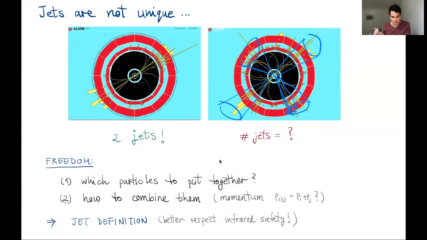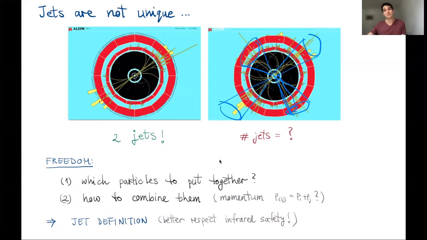And there are basically 2 underlying freedoms that you have. The first is the choice of the particles that you decide to put together. These are the things that I somehow try to circle in these cones. And the second part is how I choose to combine them, in particular concerning their momenta. I guess one of the most intuitive things to do is to say, I will combine these particles that form a jet by simply adding the four-momenta together, and that will be the four-momentum of my jet.